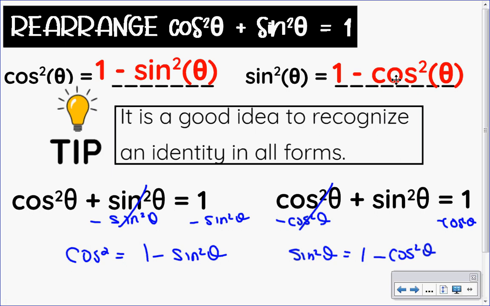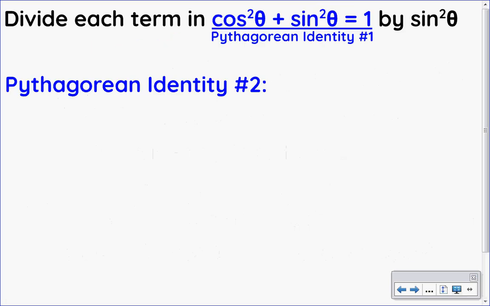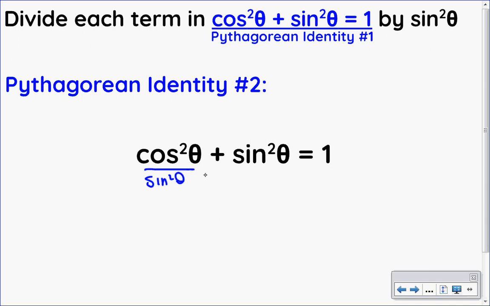Now let's take this Pythagorean identity and divide all the terms by sine squared. That's going to give us a new identity. We'll start with Pythagorean identity number 1, cos squared plus sine squared equals 1. Let's divide every term, if I do it to every term I'm being fair, by sine squared. So here, cos squared divided by sine squared.